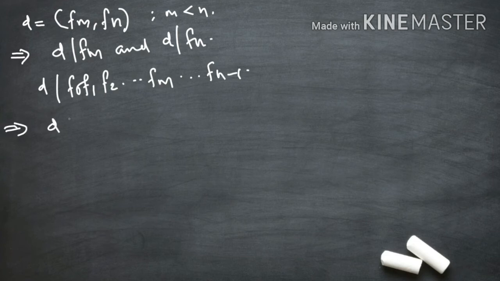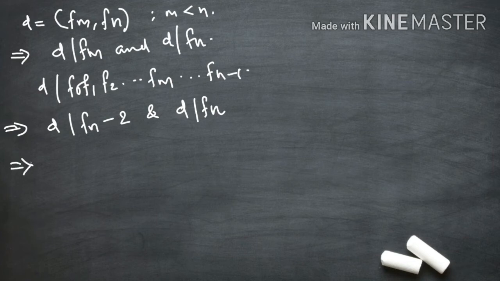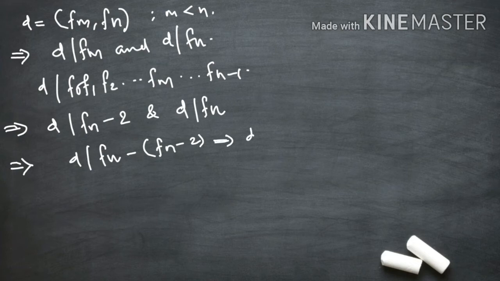So this implies d divides fn minus 2. And one more thing we already have is d divides fn. So by the property of divisibility, d divides any linear combination of fn and fn minus 2, or this will imply that d divides 2, isn't it? So we obtained d divides 2.